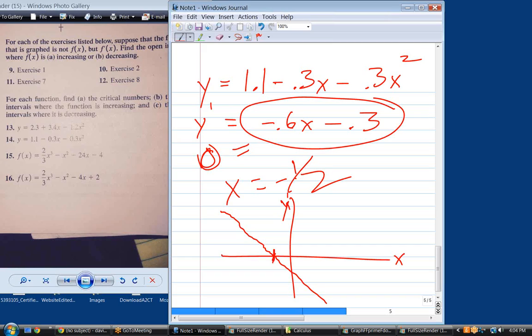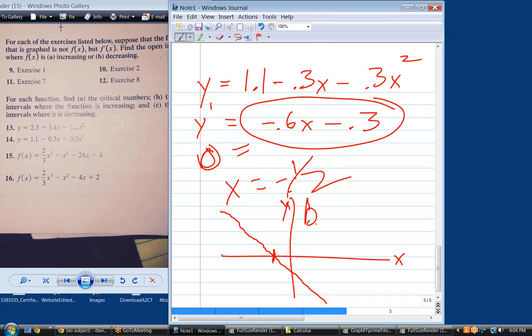Is the derivative positive or negative? Positive. Which means the original function is increasing. And the original function is decreasing where? After the negative 1/2. So x greater than negative 1/2. In other words, your answers to this problem are going to be x equal minus 1/2 is the critical number.